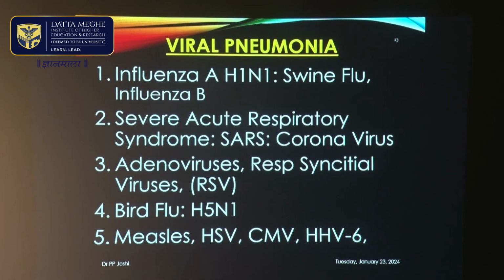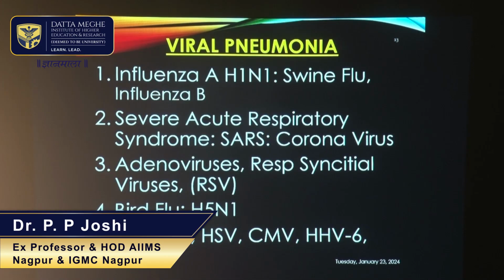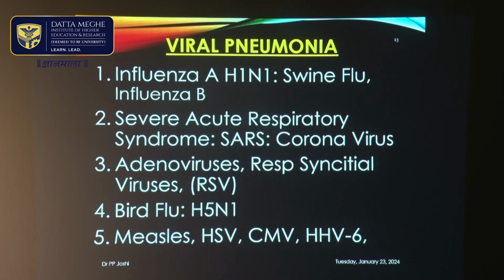In fact, this century we witnessed 2 pandemics. First pandemic was witnessed in 2008, which was caused by swine flu, which is also called influenza A H1N1, and this was first identified in Mexico because of genetic reassortment of 4 types of viruses, and a new virus was formed.